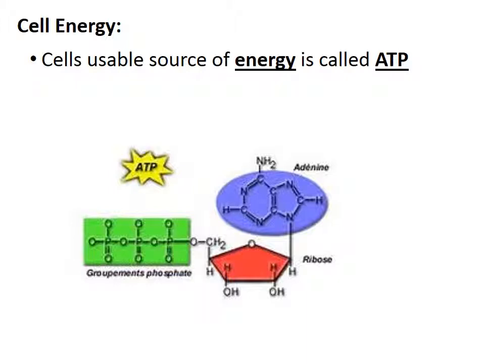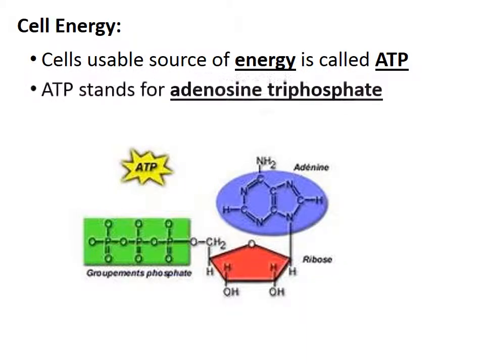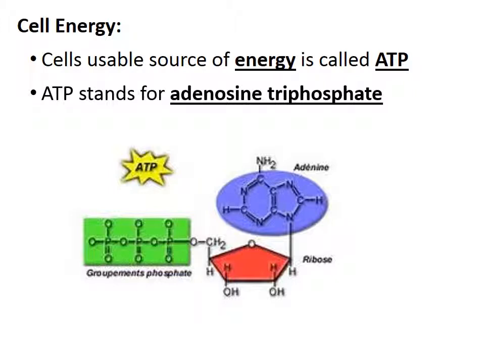So phosphate is a PO4. So just to show you that it is indeed this molecule, it's not just these 3 letters stuck together and we're saying that's energy. It is this special molecule that helps us do all of the metabolic functions in the body. So adenosine triphosphate.